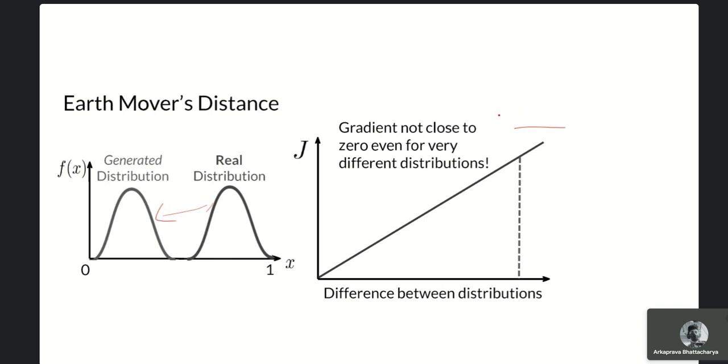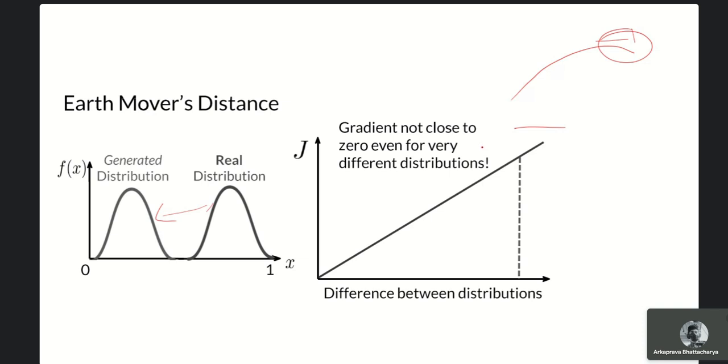If you look at the BCE loss function, it was approaching 1, so the gradient here was 0. But here there is no ceiling on the value of the cost function, and it grows regardless of how far apart these distributions are.